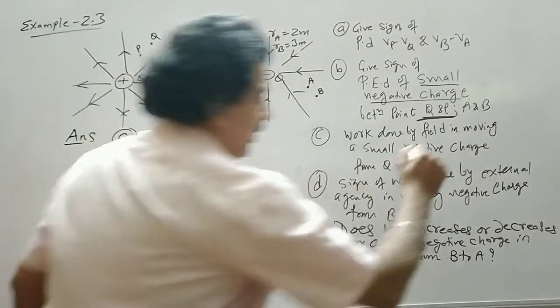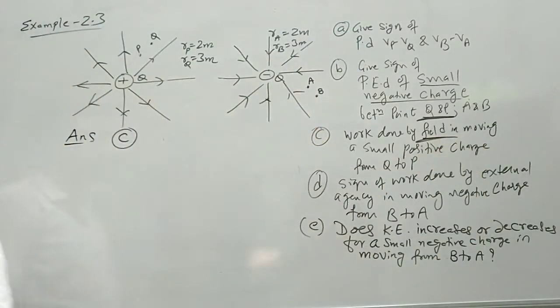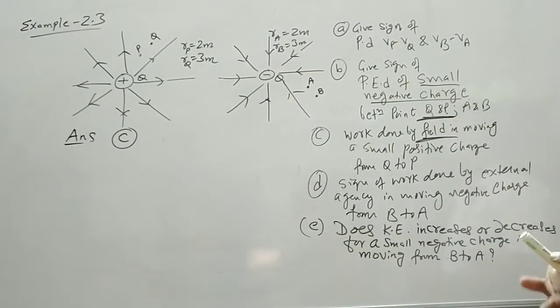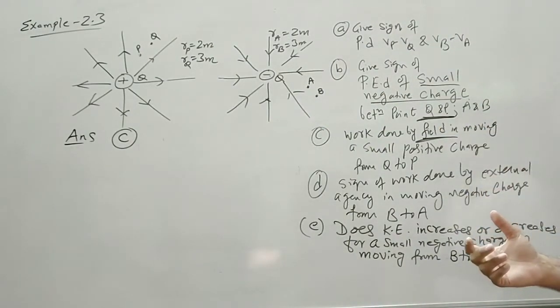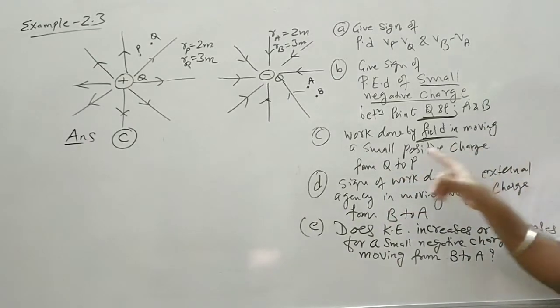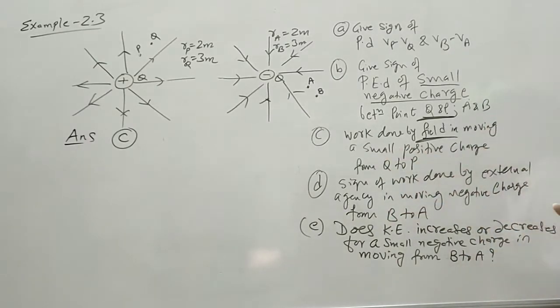The work done by the field in moving a small positive charge from Q to P. So orally, you have to move from Q to P. You have to take a small positive charge.